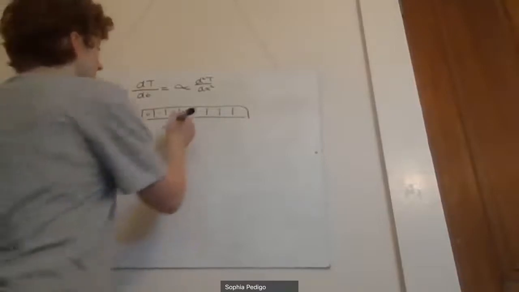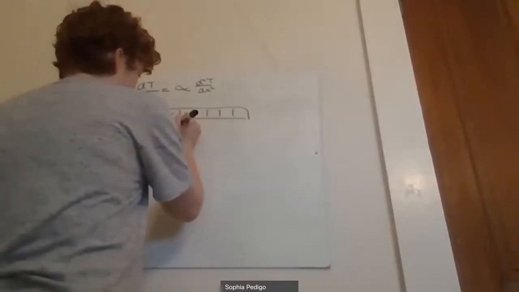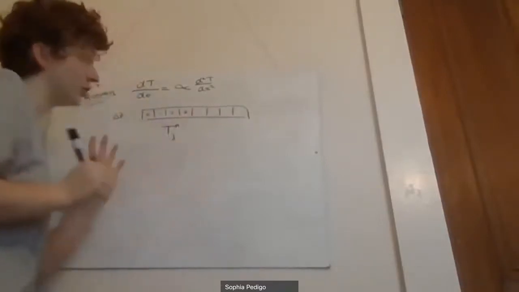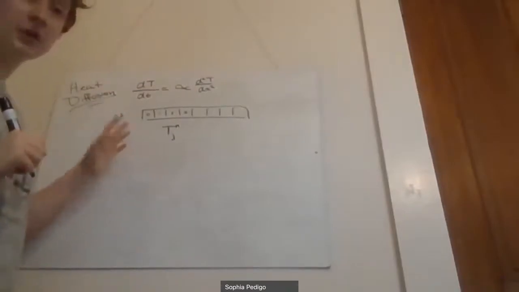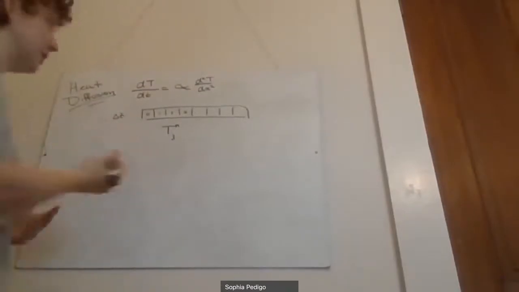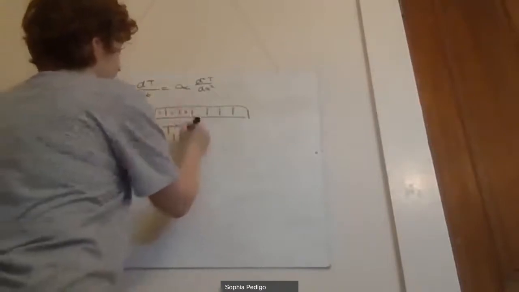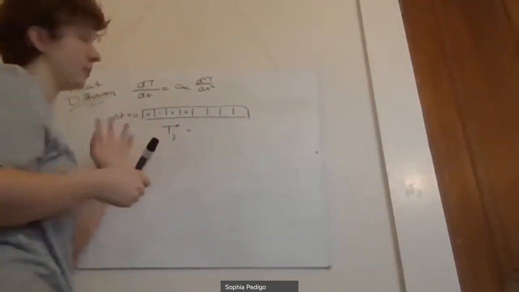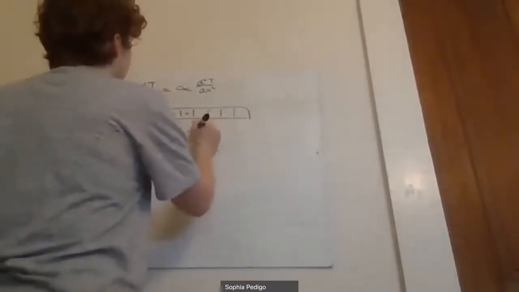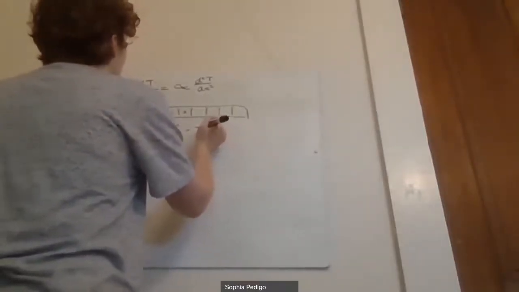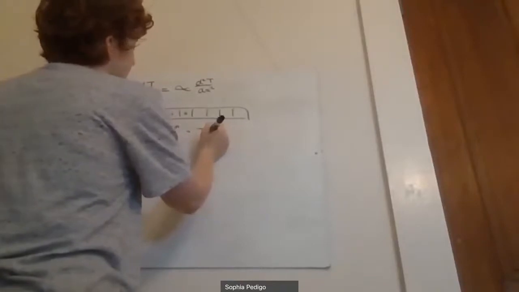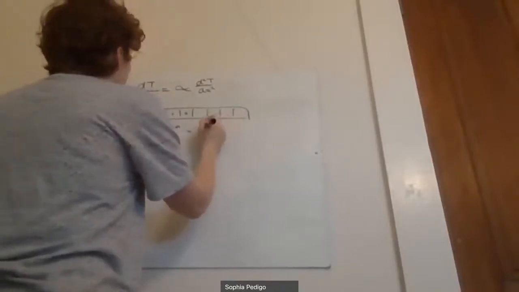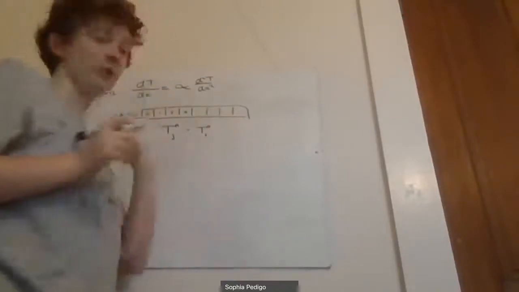And up here is the time at which this occurs, in this case our delta t, which I said was 0. So plugging in the subscripts and superscripts, that would be the temperature at position 1 at time equals 0.